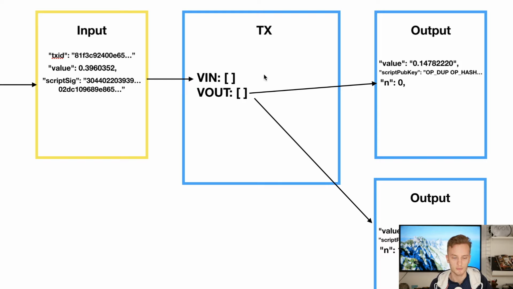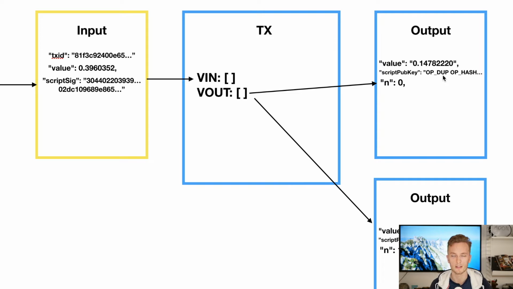In a transaction, if we simplify it, we have inputs and outputs, and outputs that are unspent, UTXOs (unspent transaction outputs), can be used as inputs into a future transaction. Each output contains something called a script pub key, or a locking script, which locks this transaction with a specific script until someone comes along with an unlocking script, also called script sig, that proves that the holder of that unlocking script was the rightful owner of that UTXO.